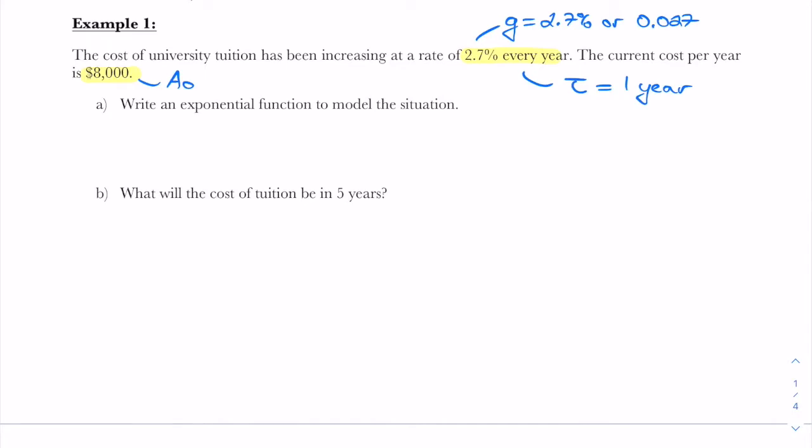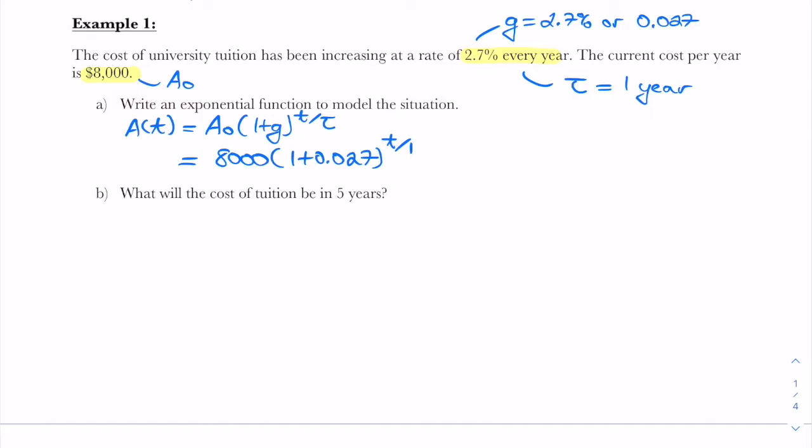I'll start off by writing the general function. So the exponent has a fraction, t over tau. And now you can just plug in the numbers from the question. And if possible, simplify it a bit.